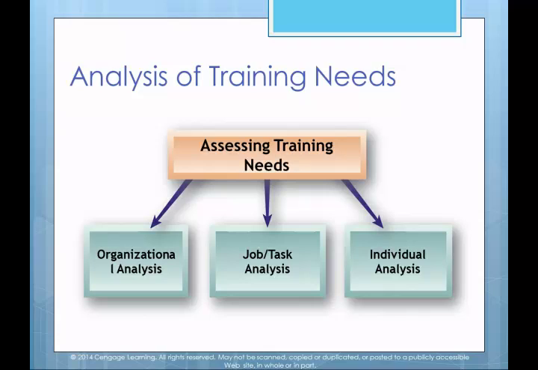The analysis of the training needs is really very, very challenging, and it's probably one of the hardest things you can do, is assessing the training needs. And you've got to do an organizational analysis, which can be diagnosed by analyzing the organizational outcomes and looking at future organizational needs. A part of the planning for training is identifying the knowledge, skills, and abilities that will be needed now and in the future as both the job and organizations change.